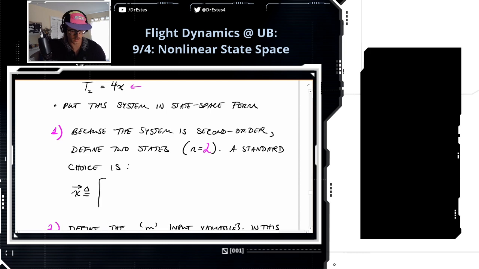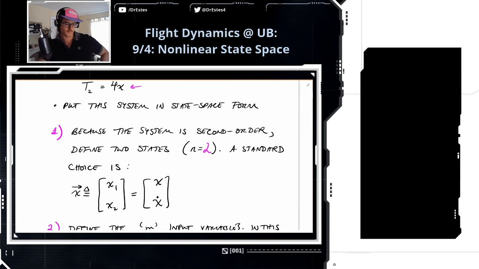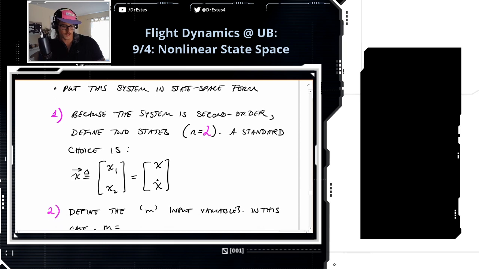We'll just call them x1 and x2 first. A standard definition is to make your first state equal to the lowest order derivative found in the equation, like the 0th order, and then your second state is the first derivative of that. Okay? So that's my first step.